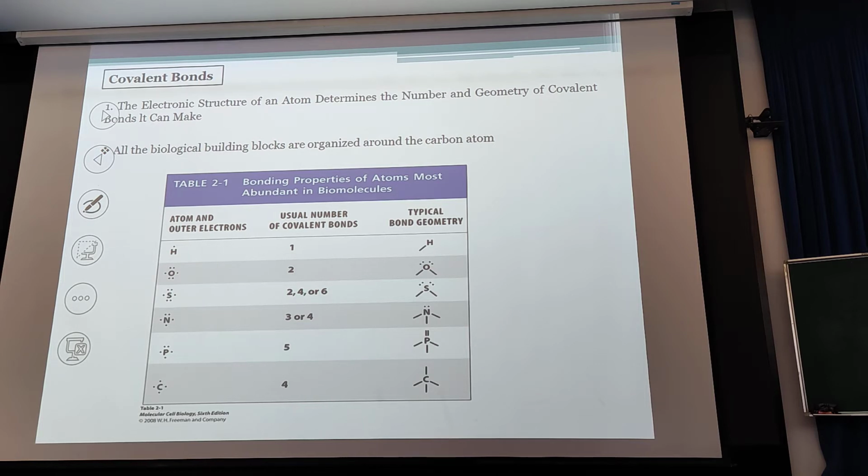The electron structure of an atom determines the number and geometry of covalent bonds it can make, and you can see the number of covalent bonds formed by each atom in this table. Hydrogen forms only one covalent bond, right?